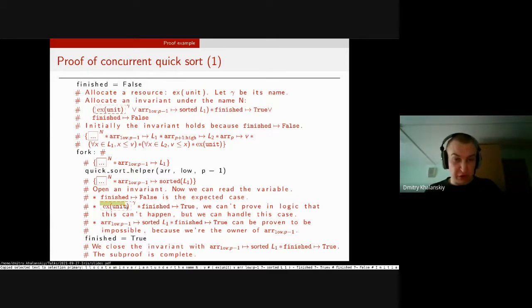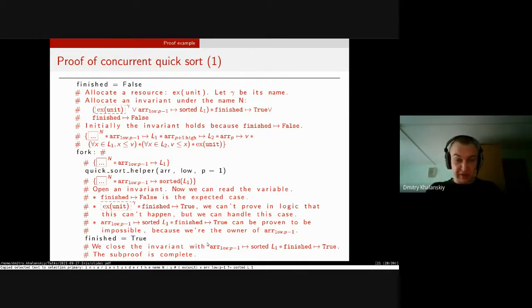So we can't really rule out this possibility. However, it doesn't bother us. If we, in this thread, think that the finished variable contained true, then this is a null operation, and we simply take out this permit and place the knowledge that our sublist was sorted instead.